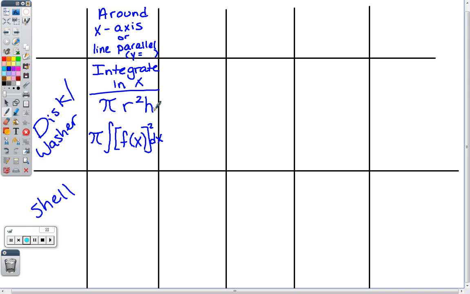We integrate in y. And what's the formula? 2 pi r h thickness is going to be 2 pi integral of, what's the radius?